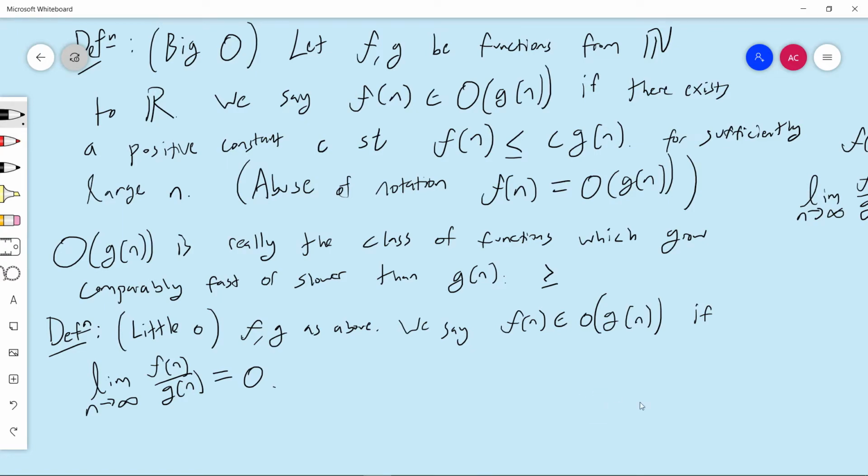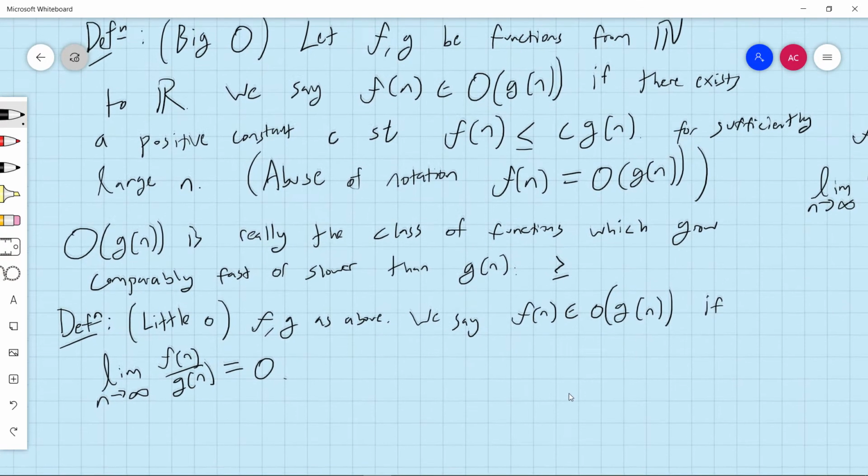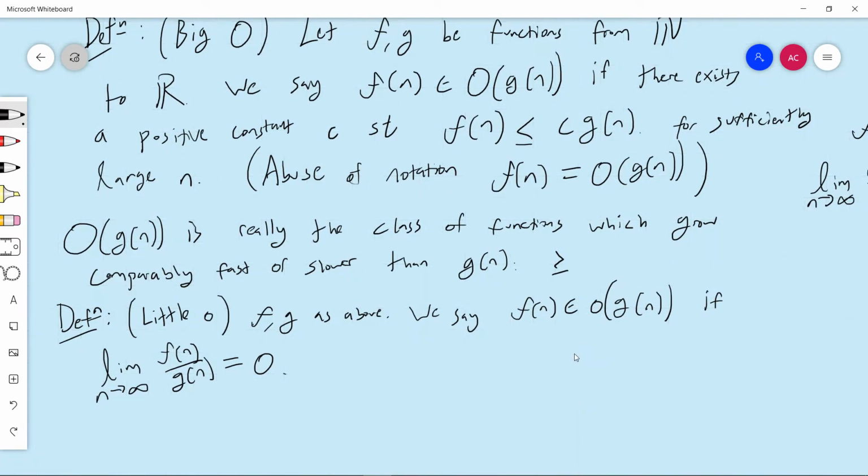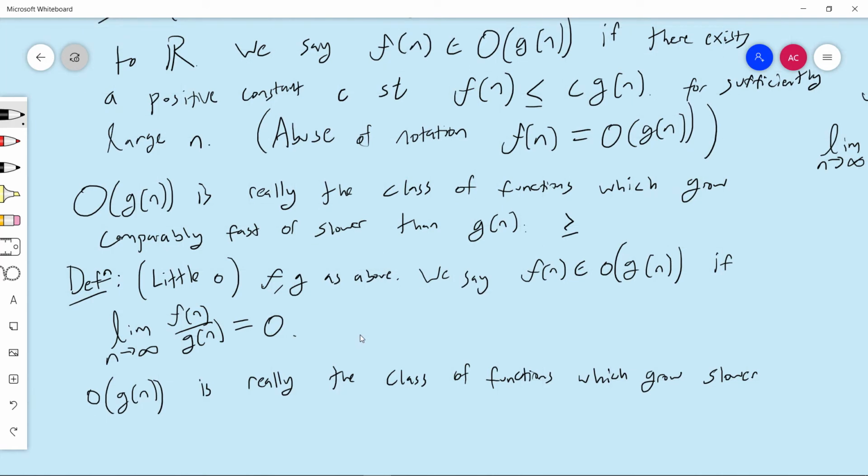So little o basically just means that you're slower. Big O of g of n is the class of functions which grow comparably or slower than g of n. Little o of g of n is really the class of functions which grow slower, if comparable speeds are excluded.